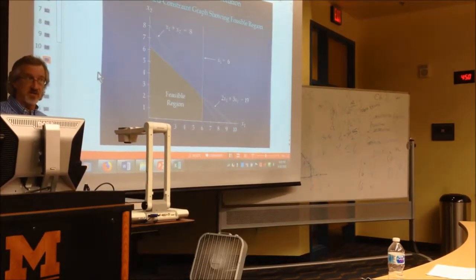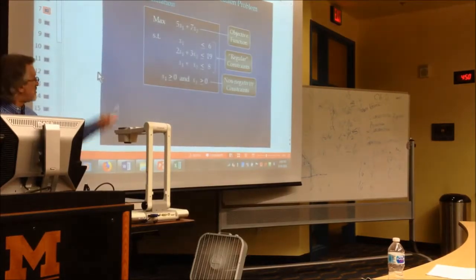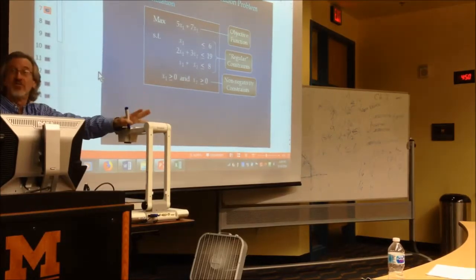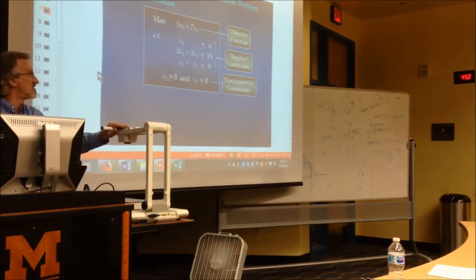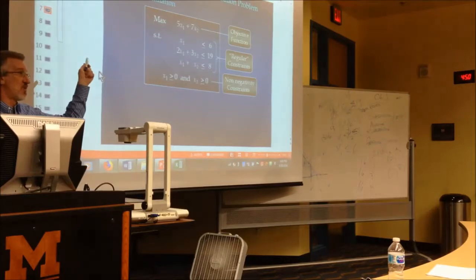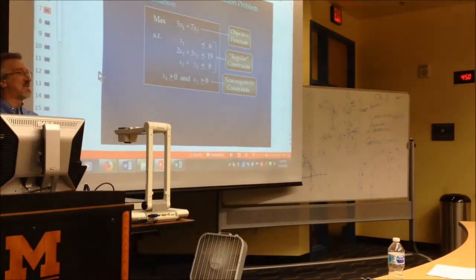So the shortcut is that you take this objective function and you make it equal to any arbitrary number that's easiest for you. And everybody could use a different number. This is arbitrary. And really what you're trying to do is find the slope of that objective function if it were a line on the graph. And once you have the slope, it will help you identify where the optimal solution is.